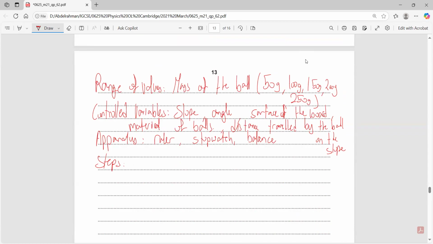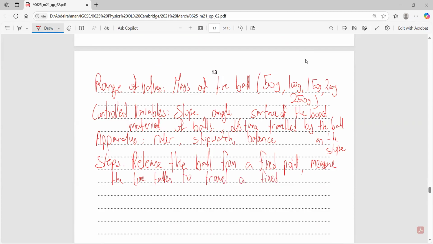Steps: release the ball from point A, or release the ball from a fixed point. Measure the time taken to travel a fixed or constant distance.